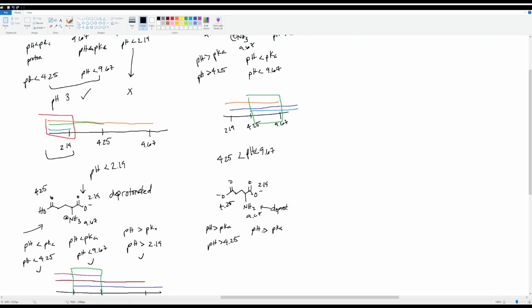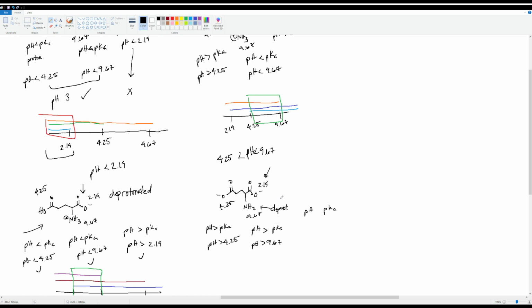So our pH must be greater than the pKa in order to get a deprotonated functional group. So that means my pH needs to be greater than 9.67. And then finally, for my third one, my functional group is deprotonated, right? My carboxyl group.